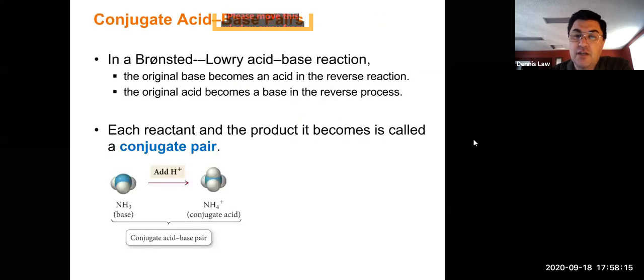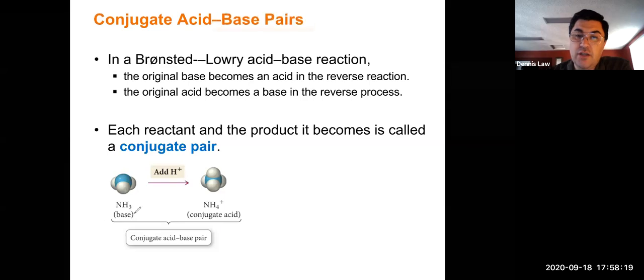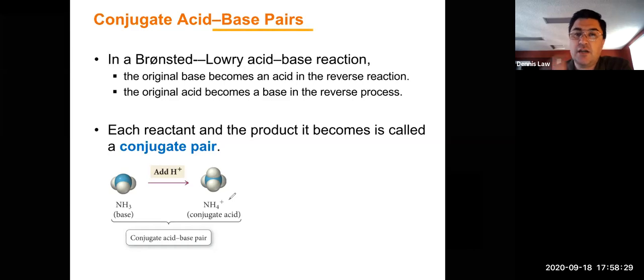And what do we call the one on the right? Well, if the one on the left is the base, the one on the right is the conjugate acid. Why is it the conjugate acid? Because when you look at the reverse reaction, it's acting like an acid now. So the base on the left side becomes a conjugate acid on the right. And if it's an acid on the left, it becomes a conjugate base on the right.